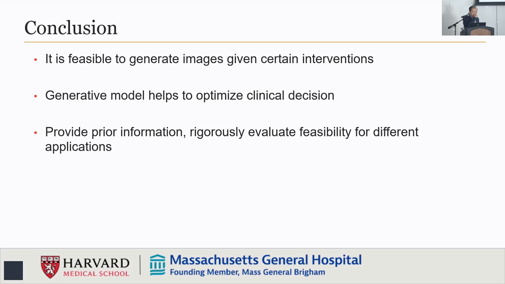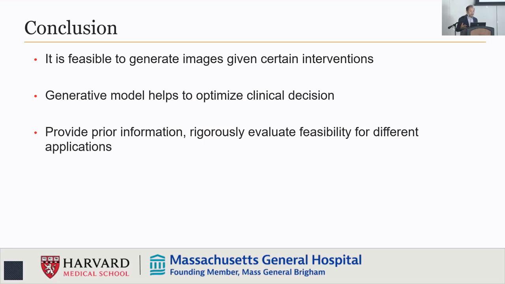So in conclusion, it looks feasible to generate images given a certain intervention. Once you have that, you can use it to optimize your decision without taking more follow-up scans, okay? But when you do this, you really need to be careful. You need to think about what prior information you can bring in to simplify your application.